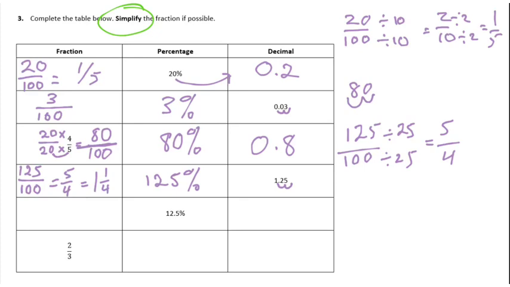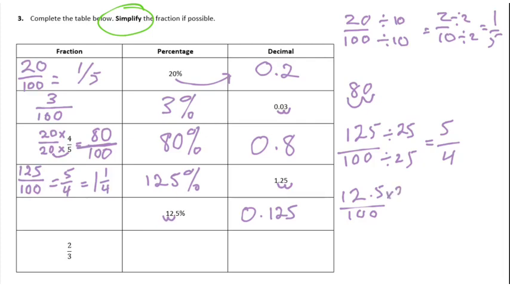The next one, 12.5%. As a decimal, move that decimal point over 2 spaces, 0.125. To turn it into a fraction, we want to write it as 12.5 over 100, but we can't mix decimals and fractions like that, so we need to simplify.